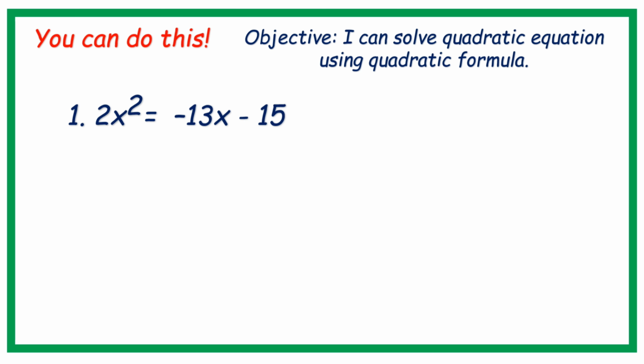Number 1. 2x squared equals negative 13x minus 15. Number 2, x squared minus 5x plus 4 equals 0.